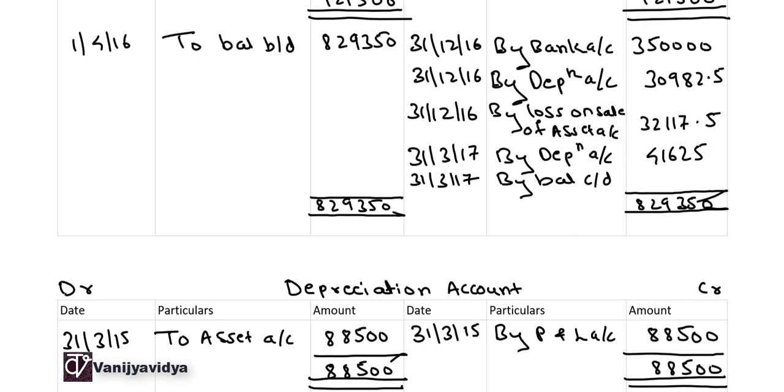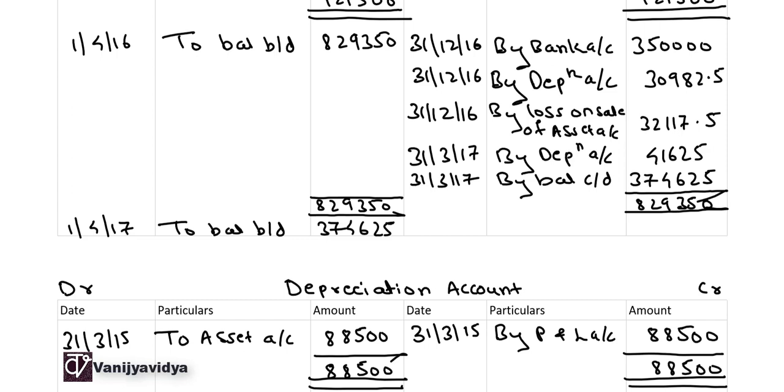Let's calculate the balance carried down here. It is 3,74,625. 1st April 2017 to balance brought down, 3,74,625.